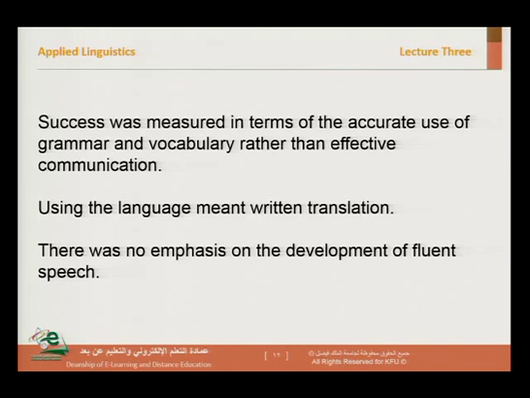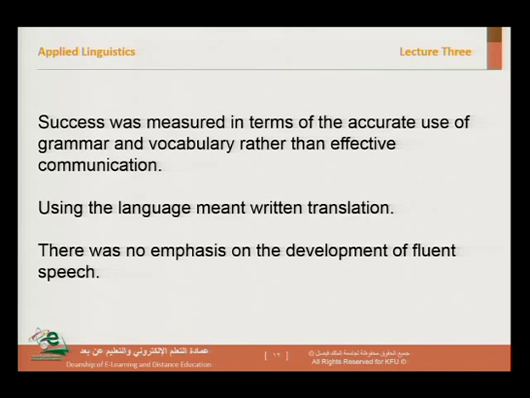So if the students were able to tell us the meaning of that, the equivalent translation of that word, they are learning the language. If they can successfully tell us the correct subject-verb agreement, they get it right, that would be considered language learning, rather than effective communication.